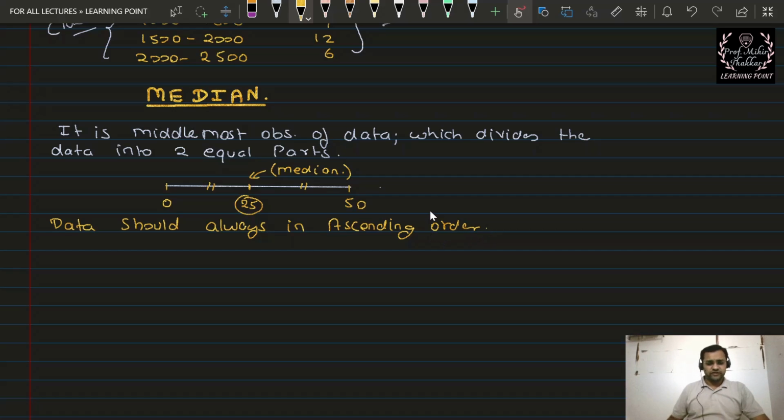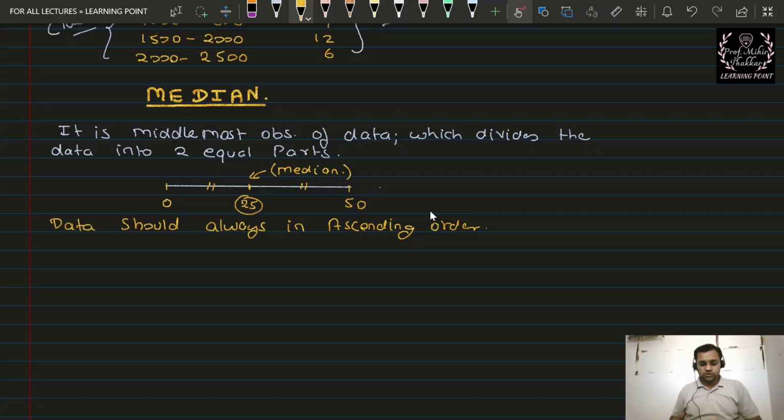Whatever is the type of data, raw data, discrete data, or ungrouped data, as you say, or the group data, whichever data you are thinking about, it is necessary to find the median that the data is given to you in the ascending order. If it is not given, it is again a basic thing. You can always arrange the data in the ascending order, from the smaller value to the greater value.